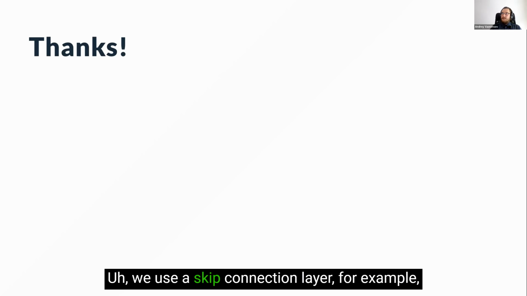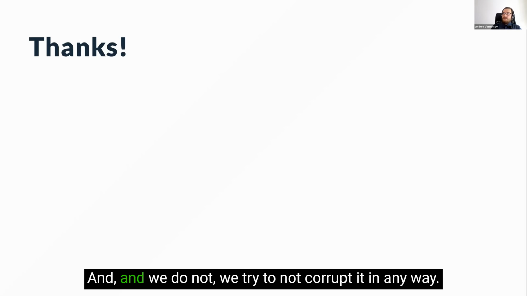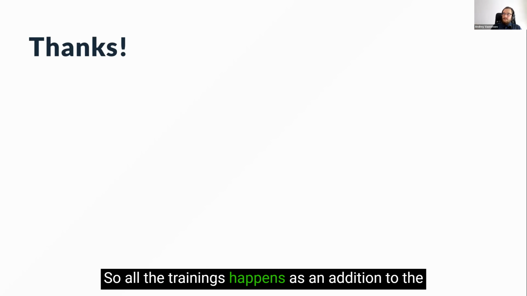We use a skip connection layer, for example, and at the beginning of training you already have all the signal from the original encoder, and we try not to corrupt it in any way. So all the training happens as an addition to the original model and does not overwrite it, I would say.